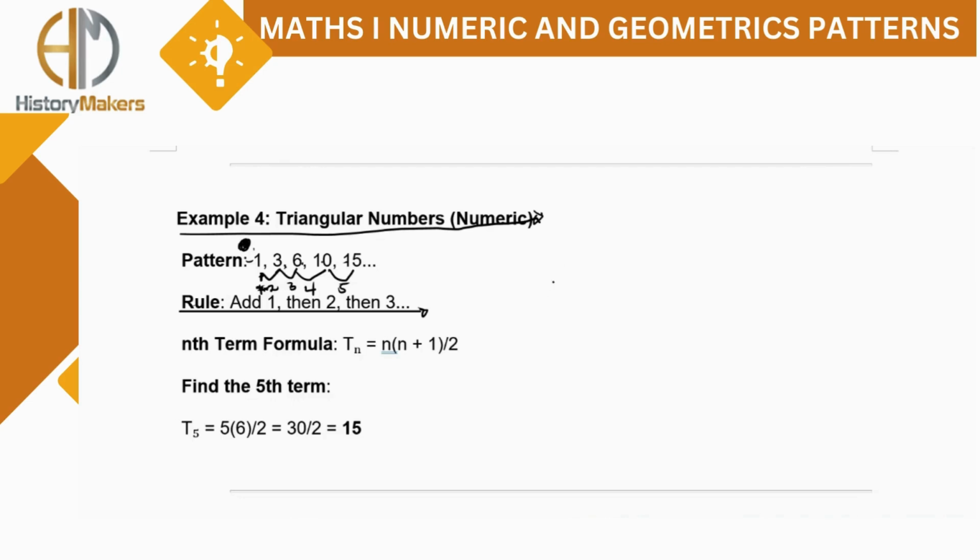So finding the nth term, we have Tn equals n times (n plus 1) all over 2. Let us confirm if it is correct. Term number 1 equals 1 times (1 plus 1) all over 2, which gives us 1.